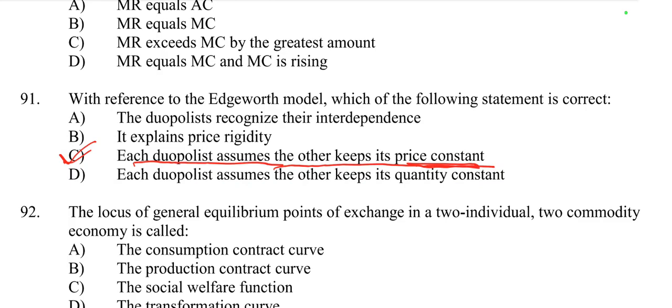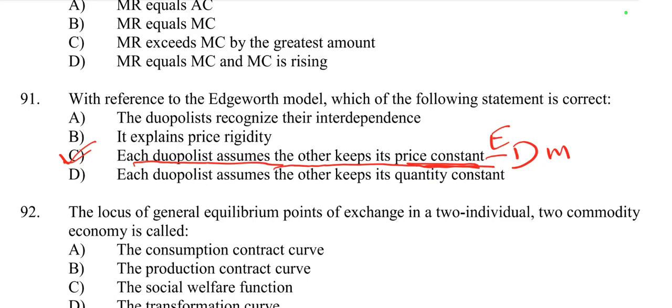Firms recognize their interdependence, but each firm assumes the other will keep its price constant when adjusting its own output. This assumption often leads to price fluctuation and instability as each firm tries to undercut the other.